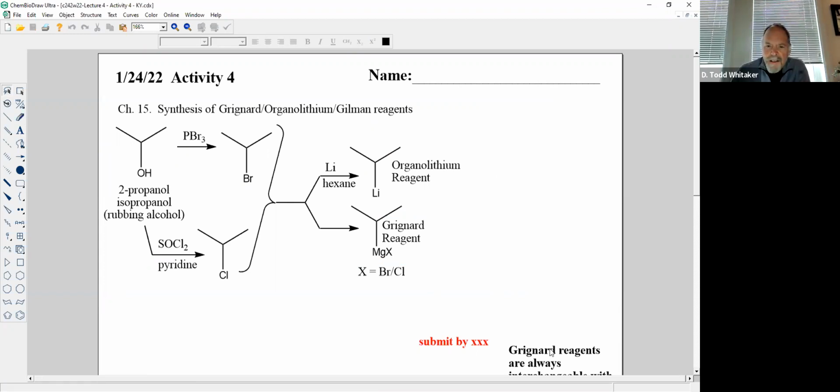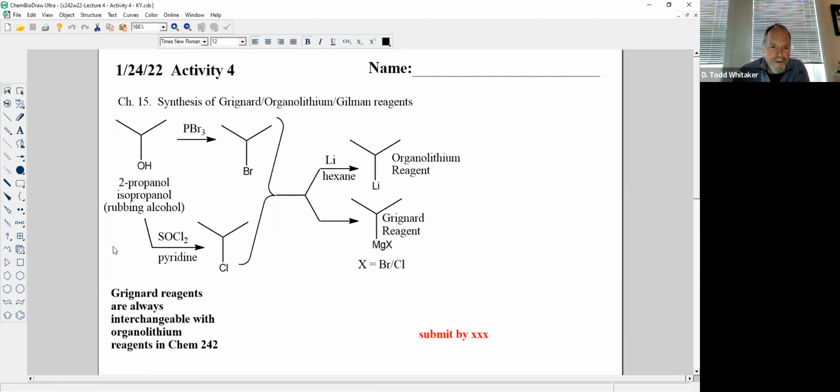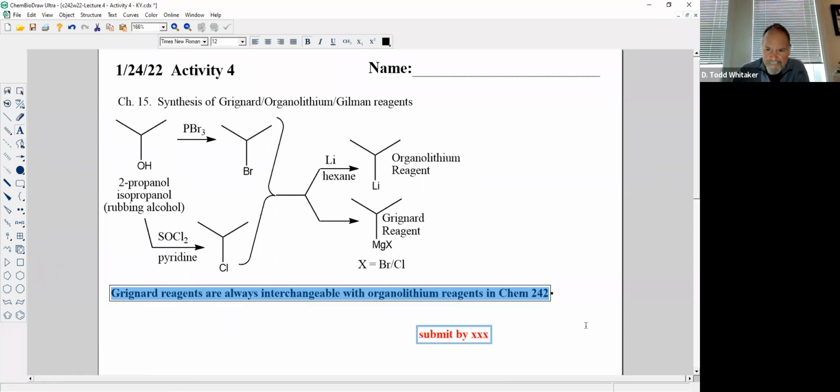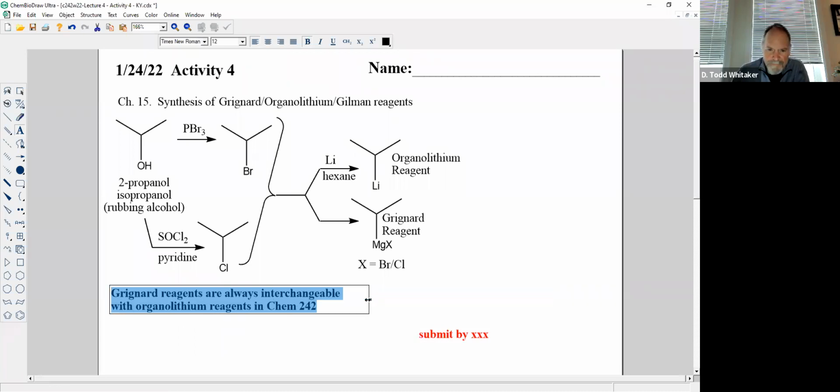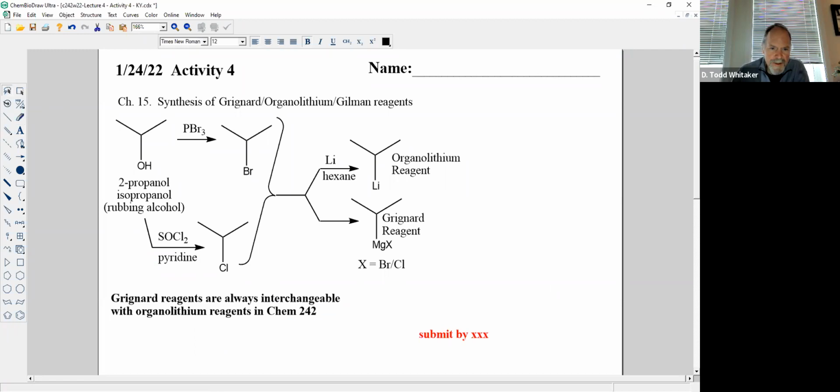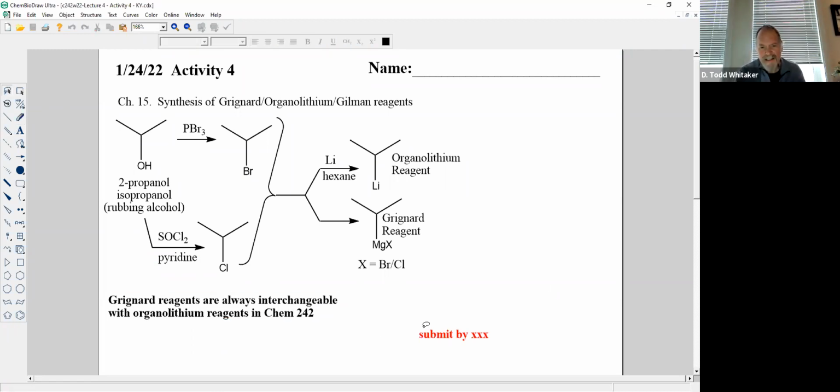This comment's worth repeating. Notice I didn't include Gilmans on that. Gilmans are only interchangeable if the reaction that's next is with an epoxide.